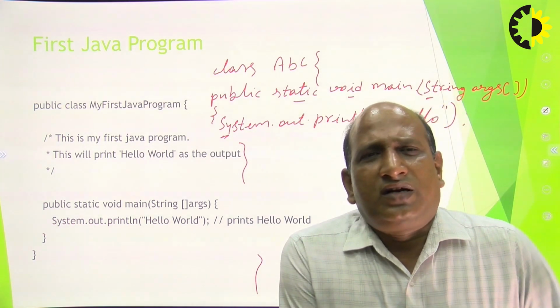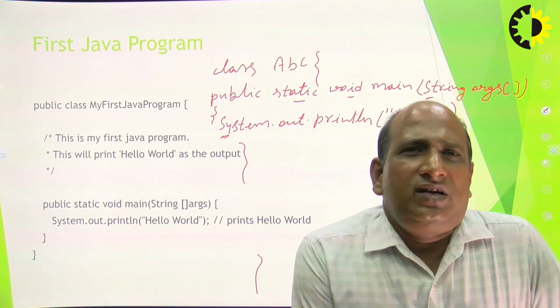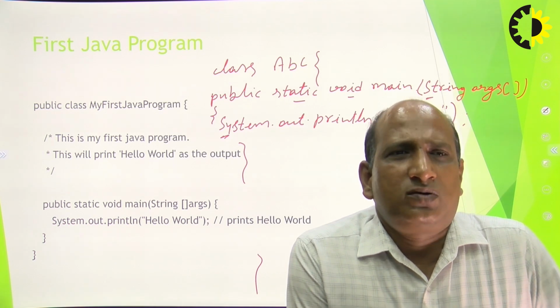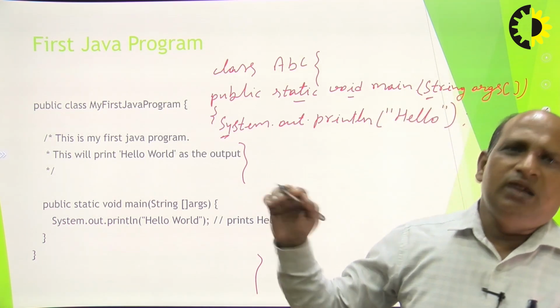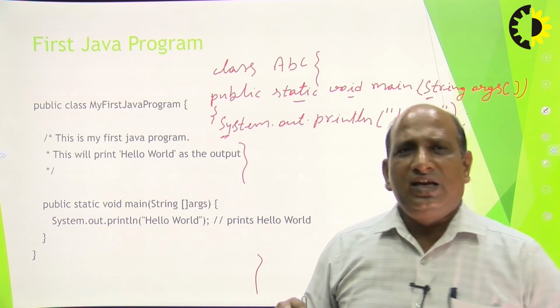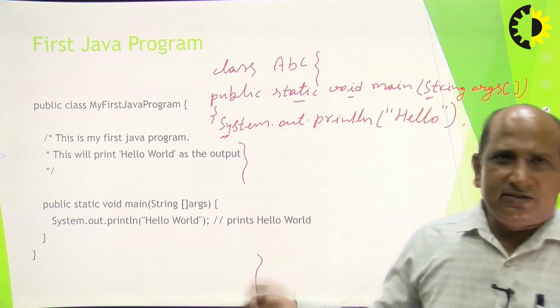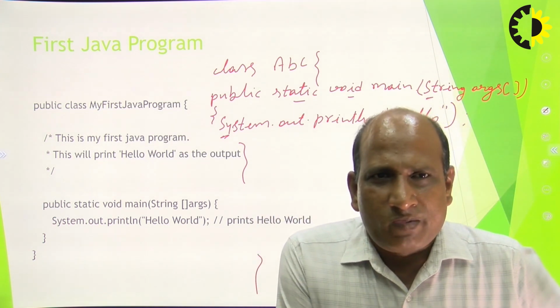Once you create your class, save this file. You can save it with any name, but the extension should be .java. Initially I would prefer that you save this file with the name of the class that contains the main function.